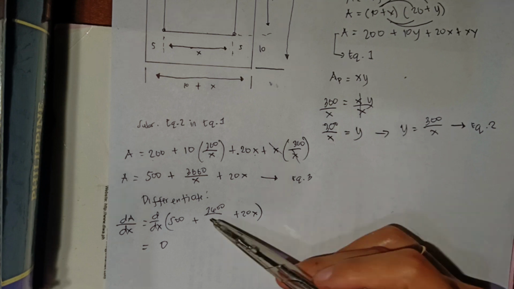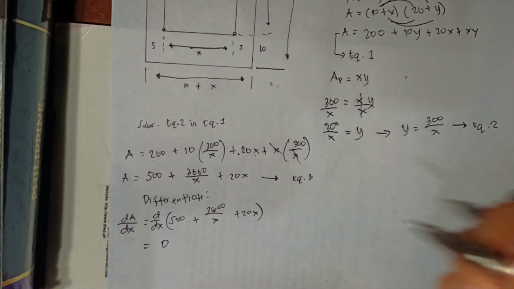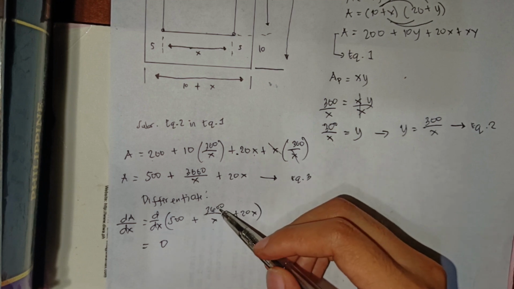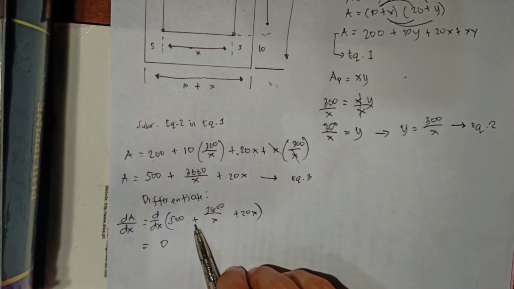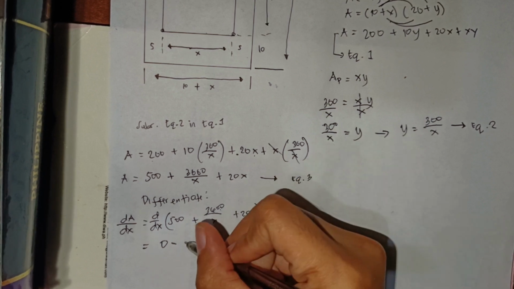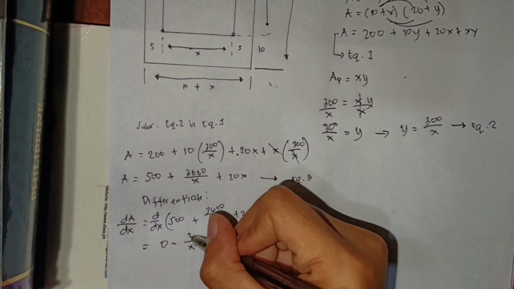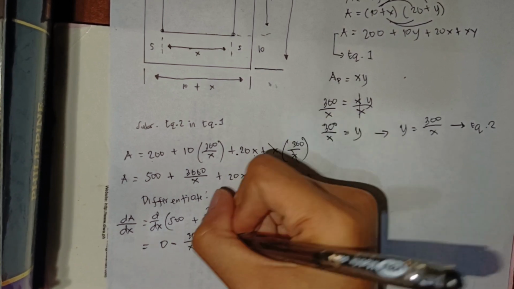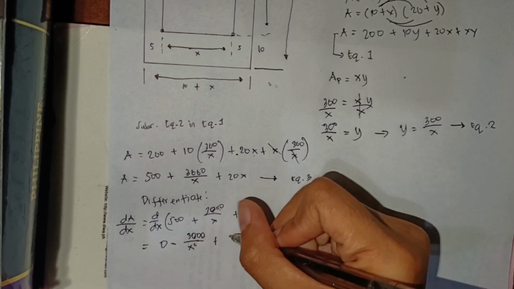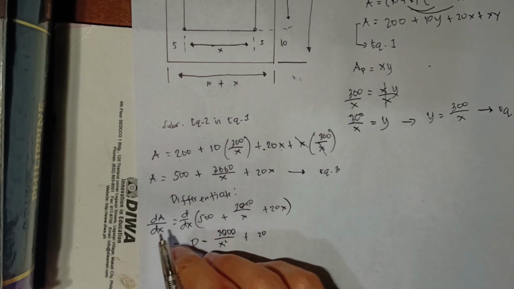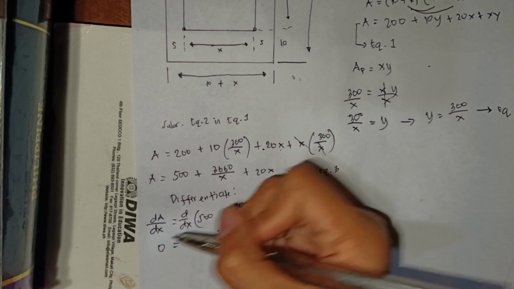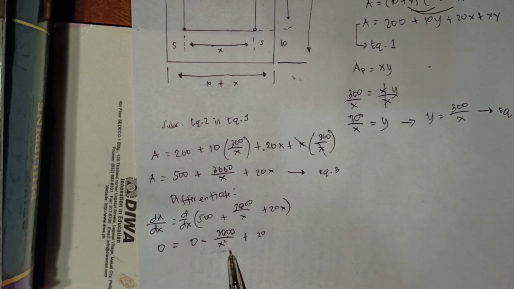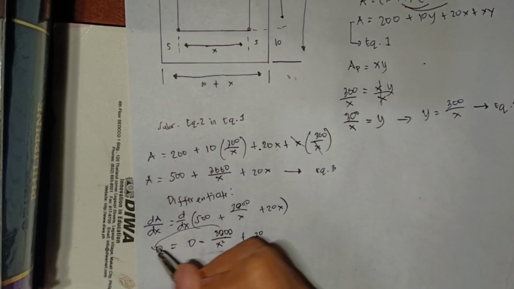Normally we would use the quotient rule, but to make it easier, square the denominator and copy the numerator with a different sign. So negative 3,000 over x squared plus 20, and we equate it to 0.